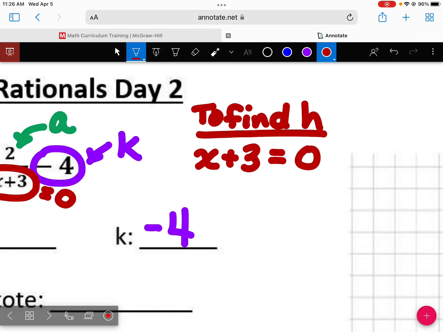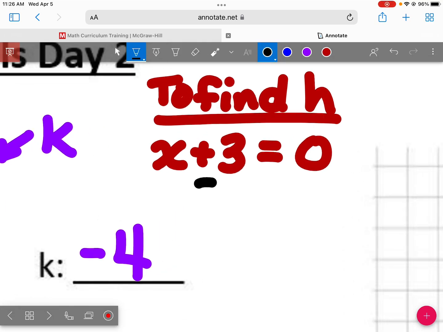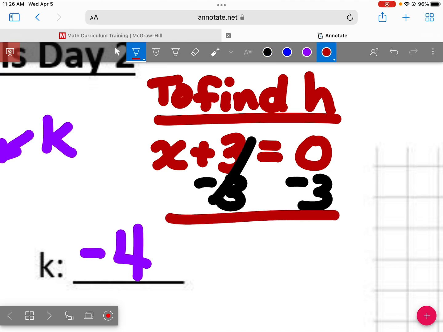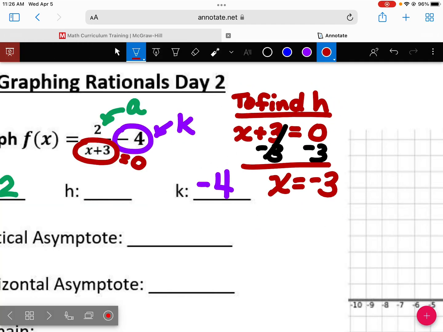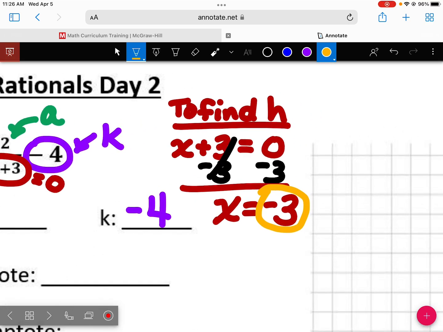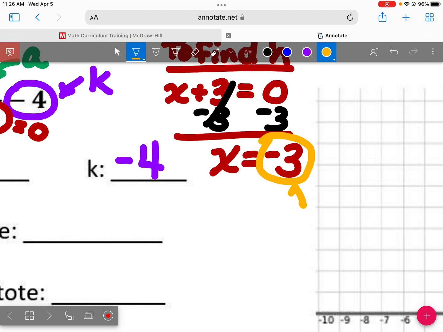I need to solve that for x. What do I do here to get x all by itself? Subtract 3 from both sides. So x equals -3. This number right here, that is h.